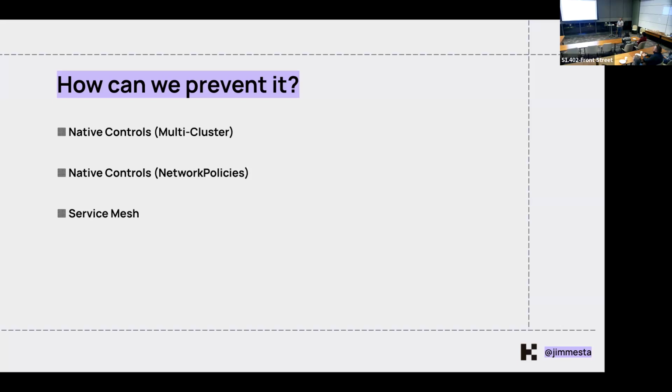And then native controls, if you've heard of something called network policies, these are built into Kubernetes, but there's a caveat to that. You can't just assume that you can run network policies without having some sort of network plugin architecture in place. There's a service mesh, right? That was the hot thing like 5 years ago. I feel like people kind of gave up and it is what it is now. And there's a bunch of drama now with Linkerd.